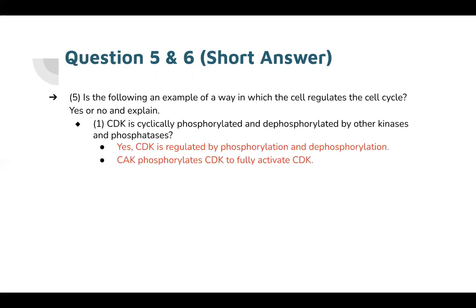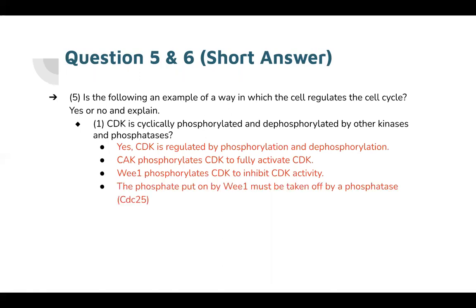So yes, CDK is regulated by phosphorylation and dephosphorylation. We know that one way to regulate it through phosphorylation is through CAK, CDK activating kinase. Another way to regulate it through phosphorylation is WEE1. And another way to regulate it through dephosphorylation is CDC25. CDC25 actually removes that phosphate group put on by WEE1.